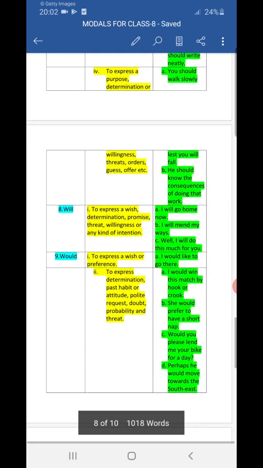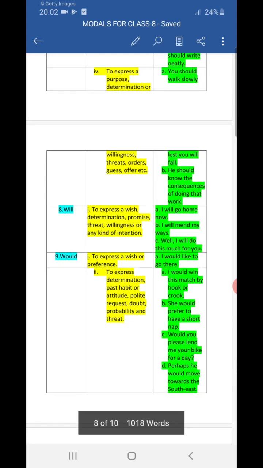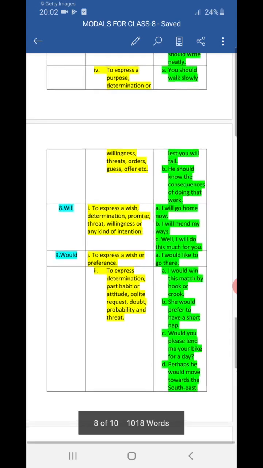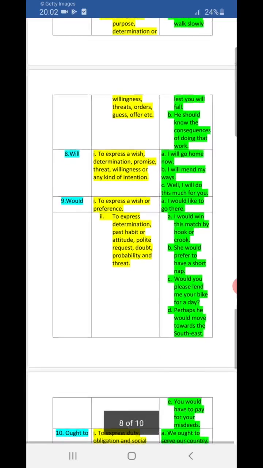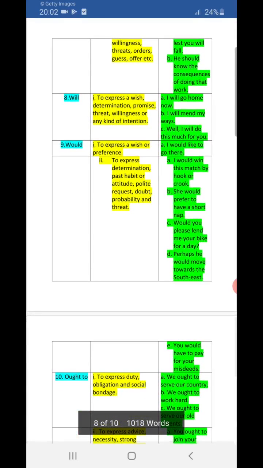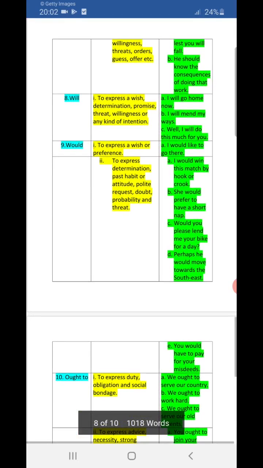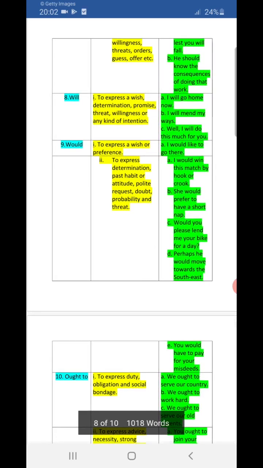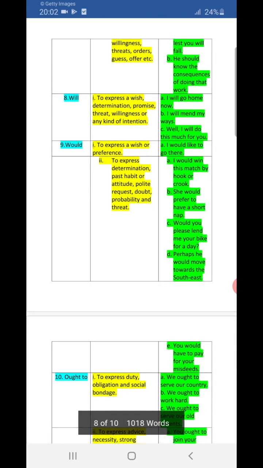Next, number 9. Would. Purpose number 1. To express a wish or preference. Example, I would like to go there.